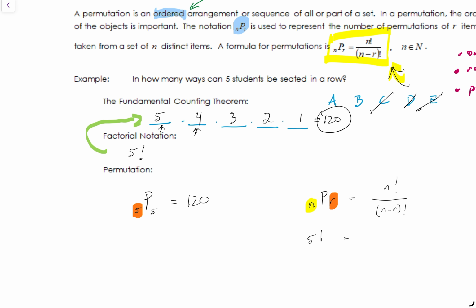So 5P5 would be 5 factorial divided by, well, my n is 5, minus 5, factorial. Or just better, 5 factorial divided by 0 factorial. If you remember from last time, 0 factorial is 1. So this would just be 5 factorial divided by 1, or simply 5 factorial, which is 120.